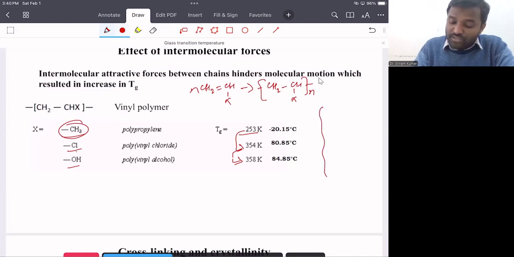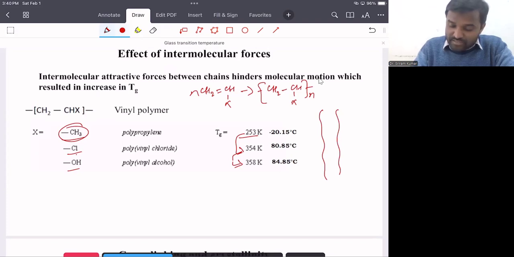Suppose this is the polymer chain, and initially you only had CH3, so you only had some van der Waals interaction. However, if you change this to chloride, since chloride is more electronegative, there is delta minus and delta plus in the backbone.